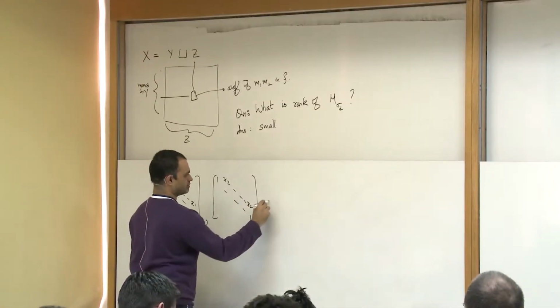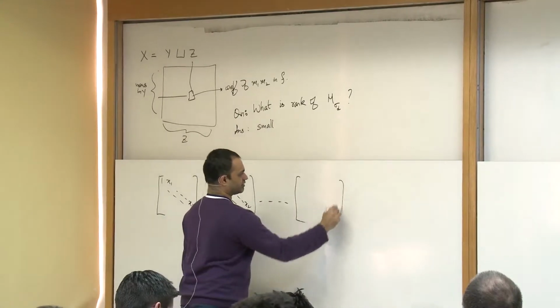So okay, let me just write down. Look at the following bunch of matrices. So this is a d plus 1 cross d plus 1 matrix. This is this times x2. And you multiply these out together.